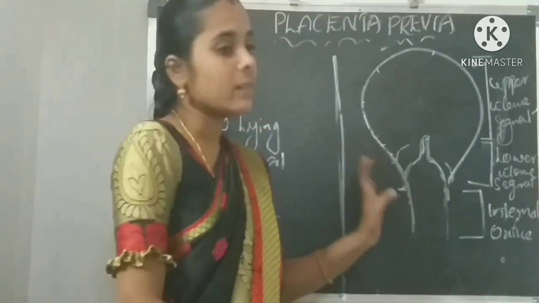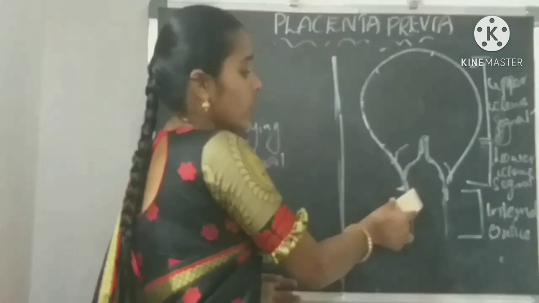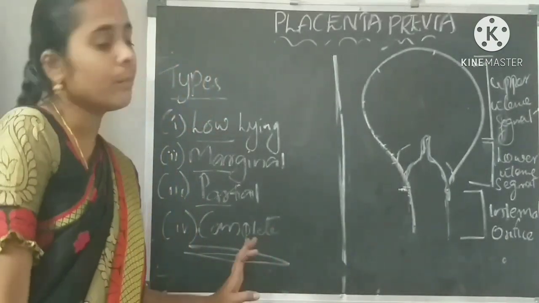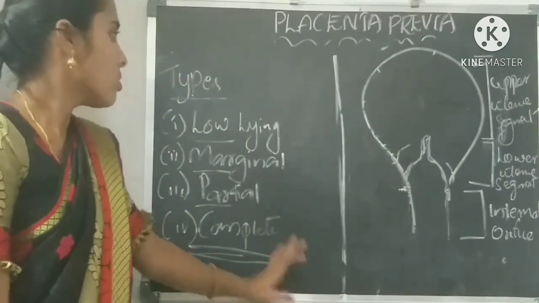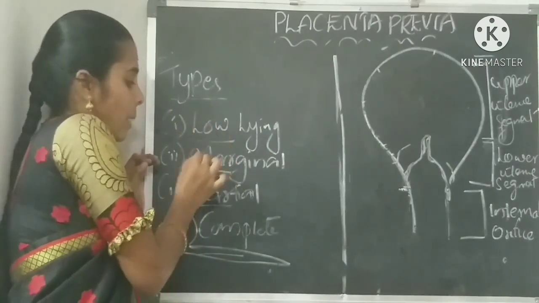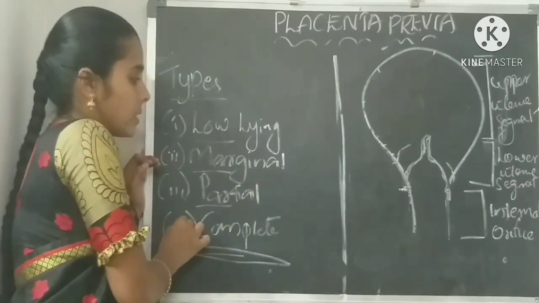In complete placenta previa, there is full cervical dilatation. So this is the complete placenta previa. I think you have understood about the low-lying placenta, marginal placenta, partial placenta previa and complete placenta previa.